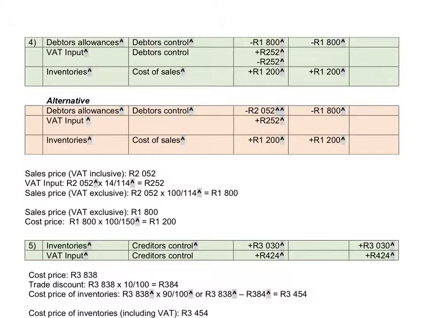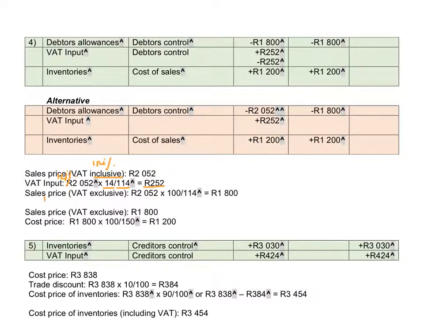The sales price including the VAT equals 114% and equals the 2052. The VAT is 14%. So if we want to see what is the VAT inclusive in this amount, the one that we want, 14, divide by the one that we know, 114, and that will give us 252.